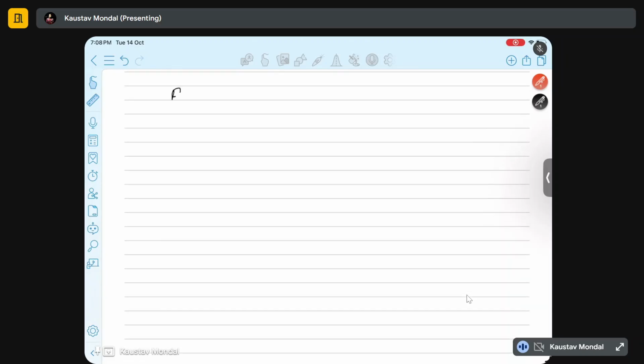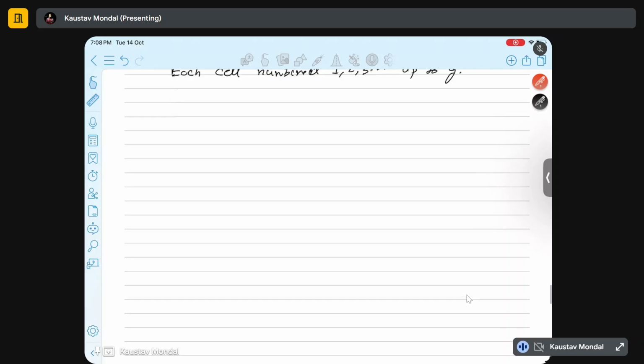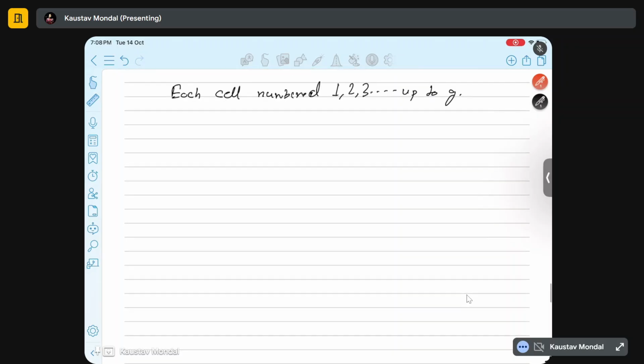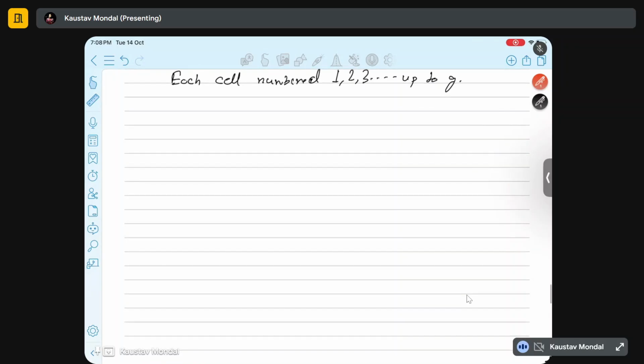Let's take each cell numbered 1, 2, 3 up to g. And let's denote the phase points of the particles as a, b, c, d.